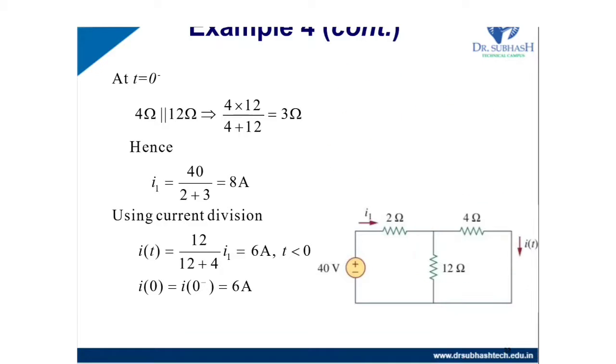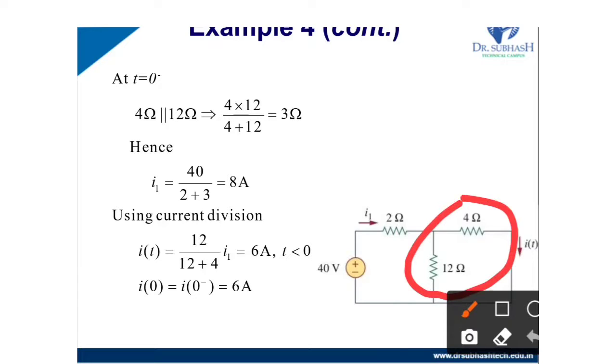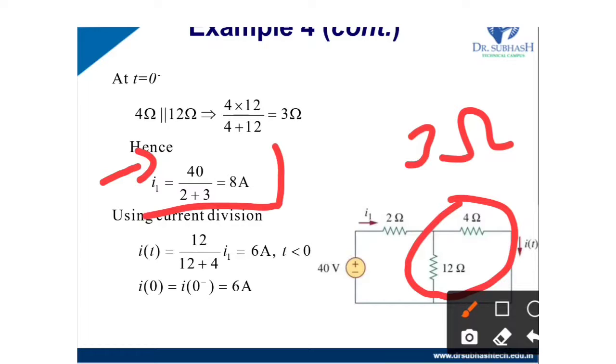Hence I1 equals total voltage divided by total resistance. After this parallel combination it becomes a 3 ohm resistor, in series with the 2 ohm. So I equal to V by R, total voltage 40 divided by 2 plus 3. 40 divided by 5 means 8 ampere.